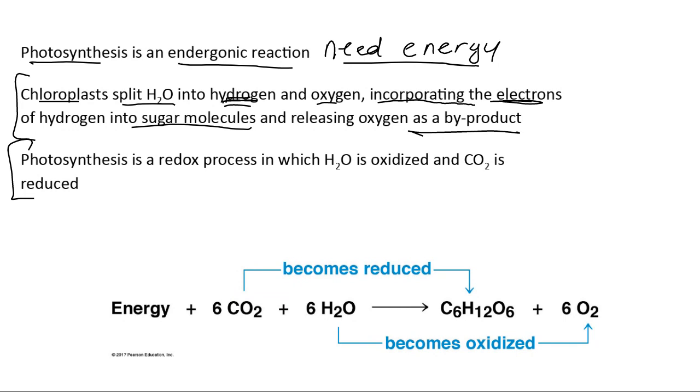So photosynthesis is a redox process in which water is oxidized and carbon dioxide is reduced. So remember, reducing has the energy. So these 6 carbon dioxides are going to come in, and the energy of the sun is going to be transferred into molecular energy.